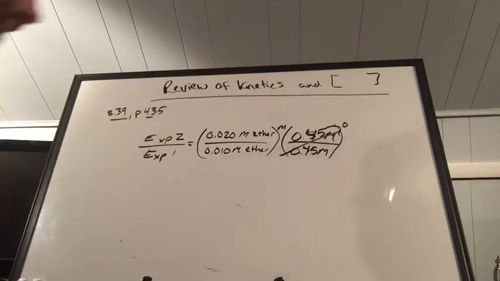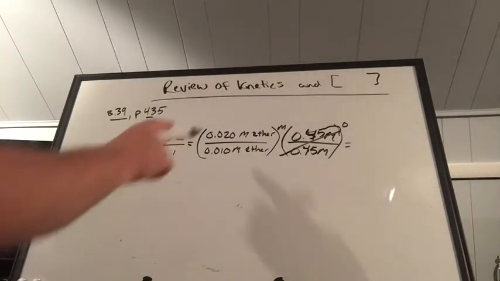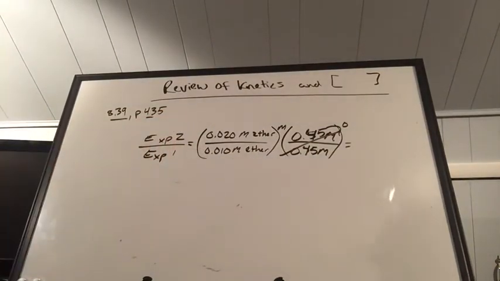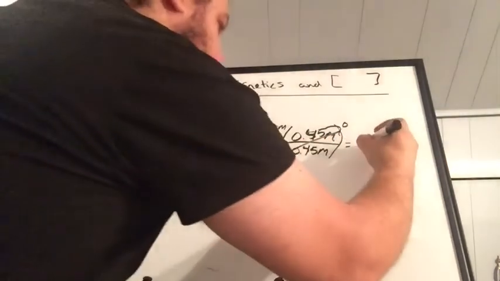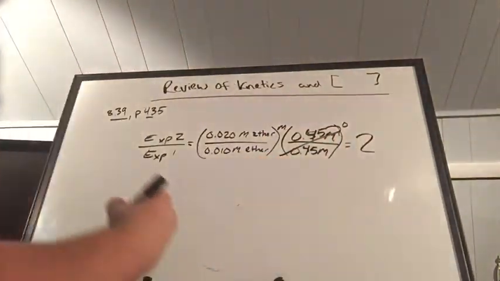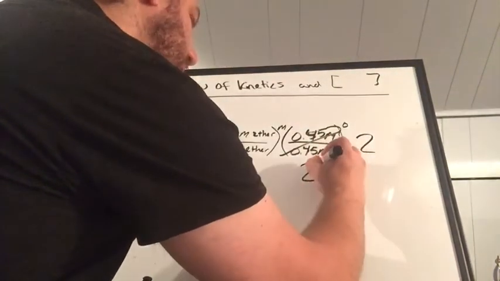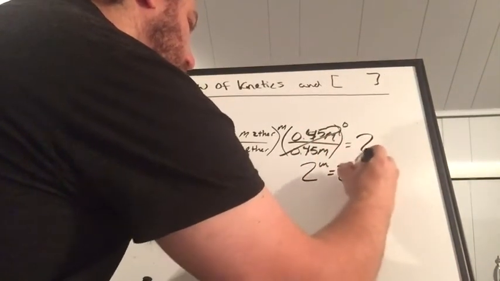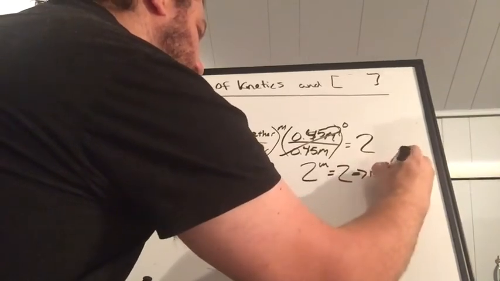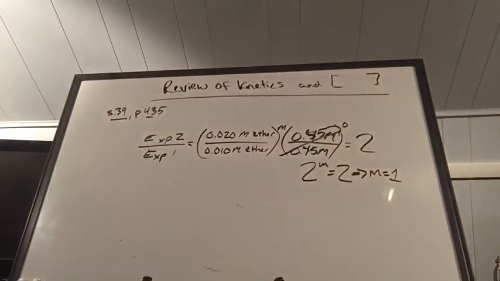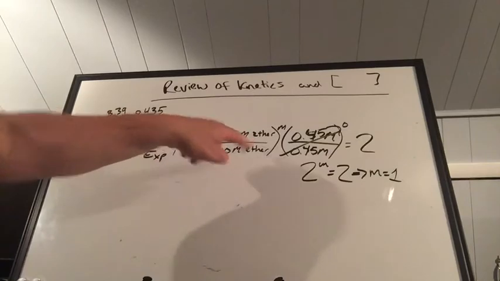Notice that if you divide the rate of experiment 2 by the rate of experiment 1, it's going to be twofold, so we'll just put 2 right here. So 2 to the m power is equal to 2, so m is equal to 1. So it's first order for the ether.